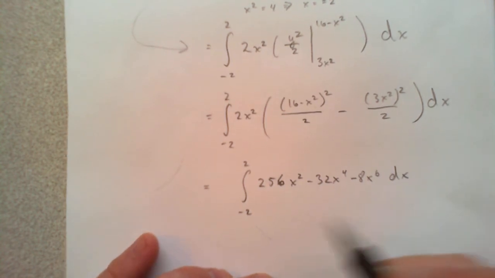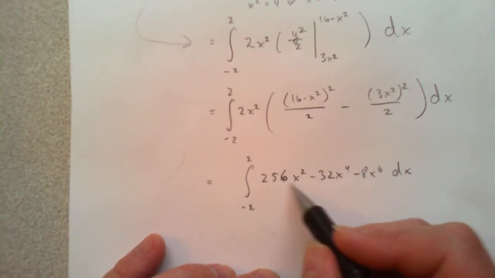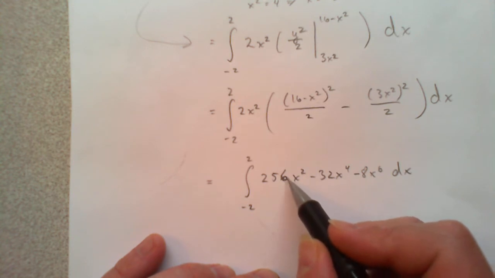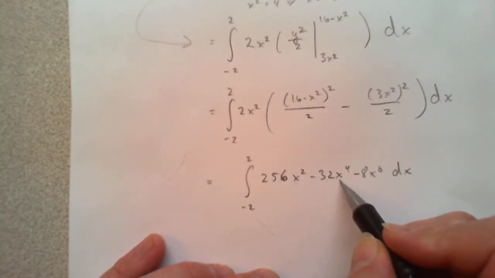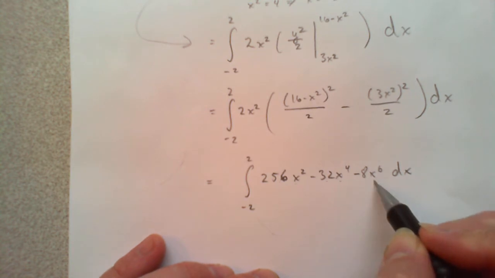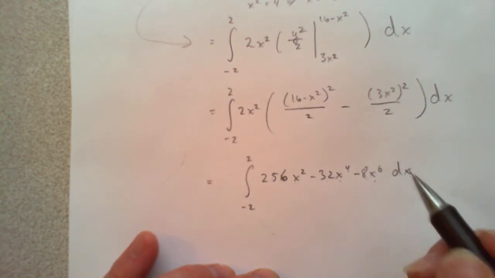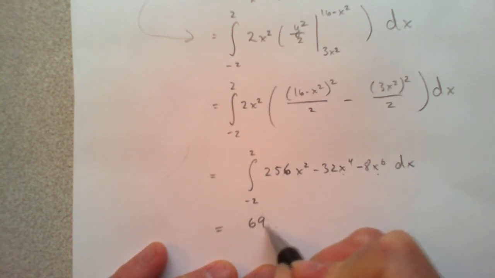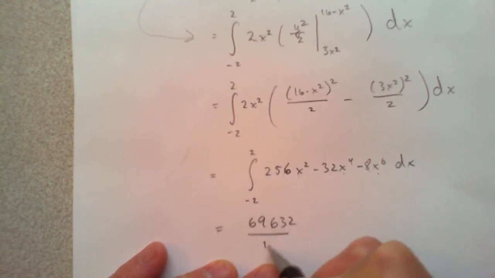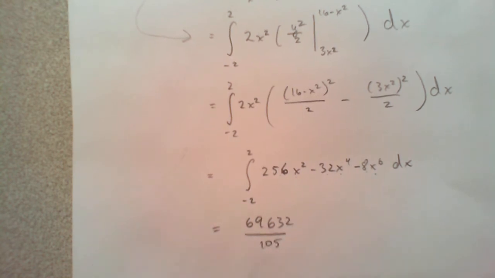Then you have to find the antiderivative of this, which is that constant times x cubed over 3, that constant times x to the 5th over 5, and then x to the 7th over 7, multiplying with the constants. At the end of the day, the number turned out to be 69,632 over 105. So you can imagine trying to get that thing cleaned up. I would suggest just using a computer algebra system to clean these things up.